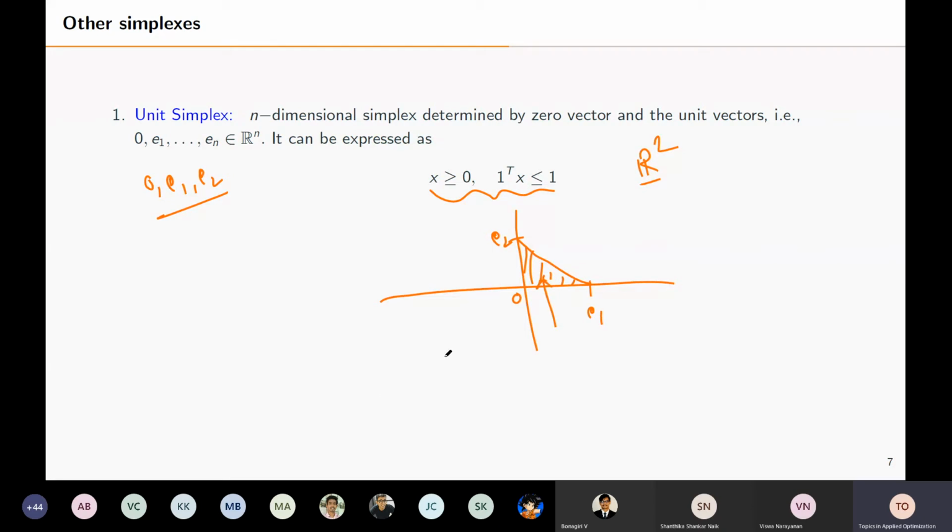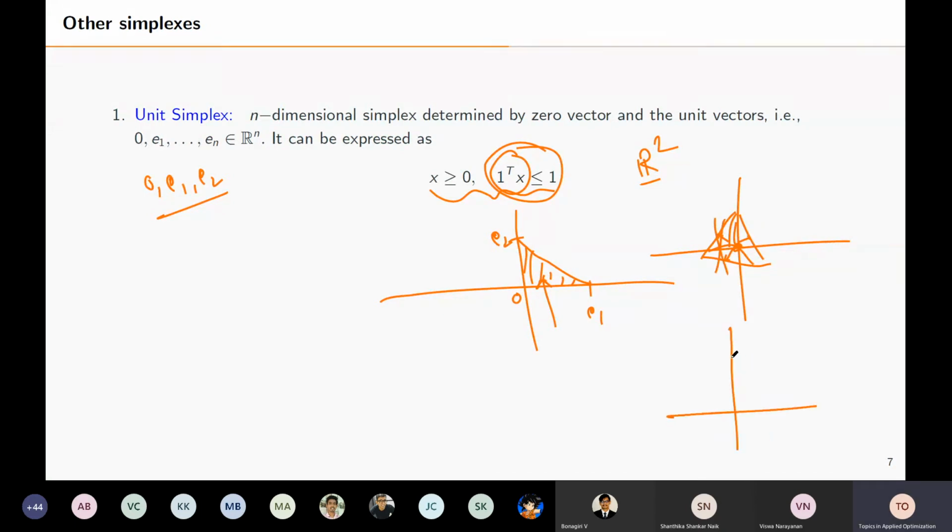In R2, right? If you extend it to 3D, it will look something like this. I don't know how to draw, and there will be a base point here, but bounded up to 1. So the sum of the components of your vector must be bounded, and the reason why it looks like a diamond shape is that it is like a one norm ball. But the problem is you are not allowing x less than 0, so only this part will be left.